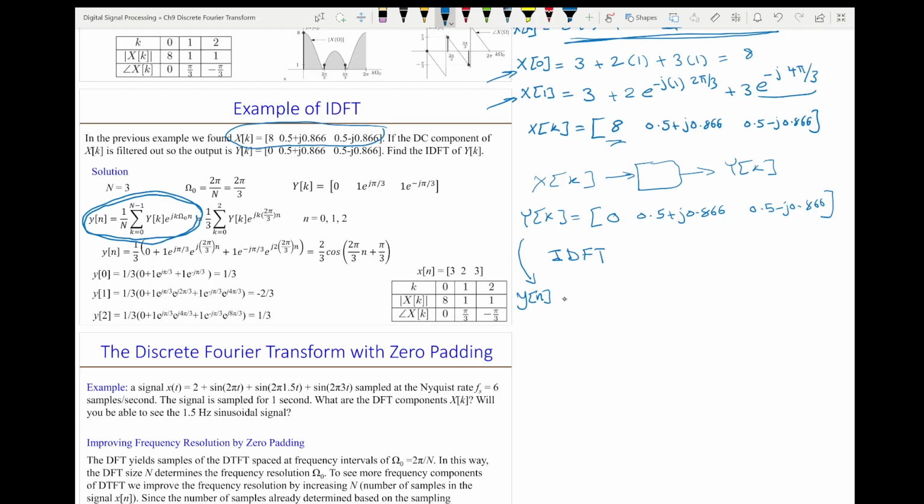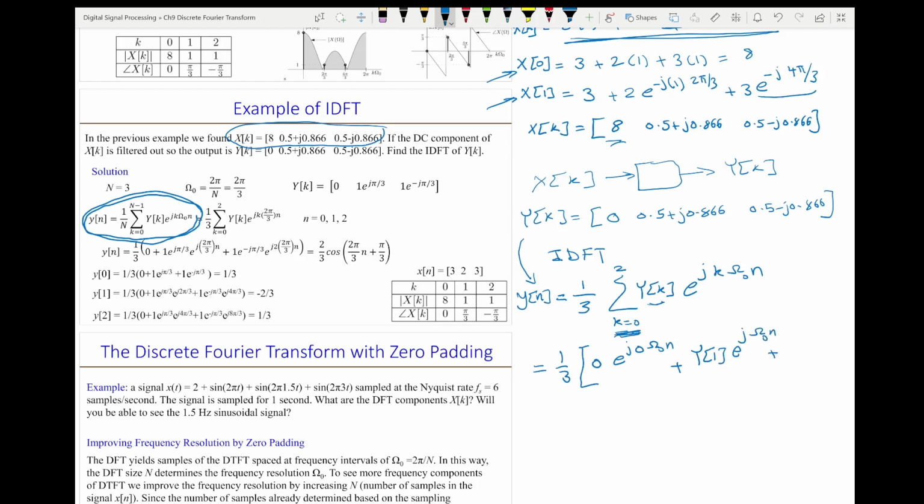So y of n equals 1 over the number of samples, I have 3 of them, summation from k equals 0. Now my variable is k, to n minus 1, that will give me 2, of Y of k, those are the frequency content of the signal. When k equals 0, this will be 1 over 3 times y of 0, which is 0, e to the j, k is 0. Plus, when k is 1, it will be y of 1.